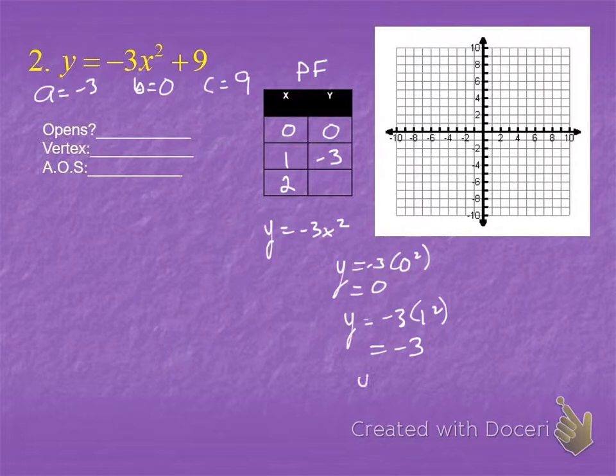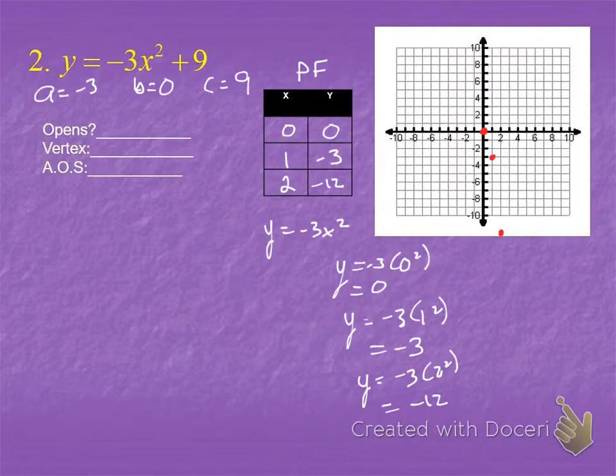And then 2. It's 4 times negative 3 is negative 12. Okay? Now, that's obviously going to take us off the graph. That's okay. So our parent function points are at 0, 0, 1 comma negative 3, and 2 comma negative 12.